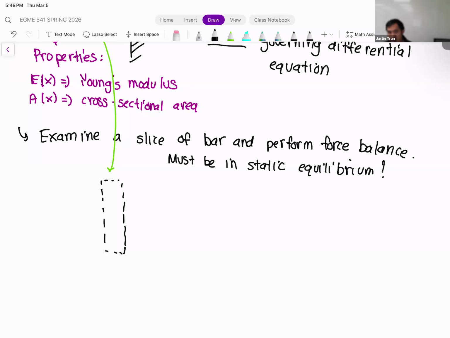So if we add up all the forces being applied on the bar, they all have to add up to 0. Let's quantify the forces being applied on this slice here.